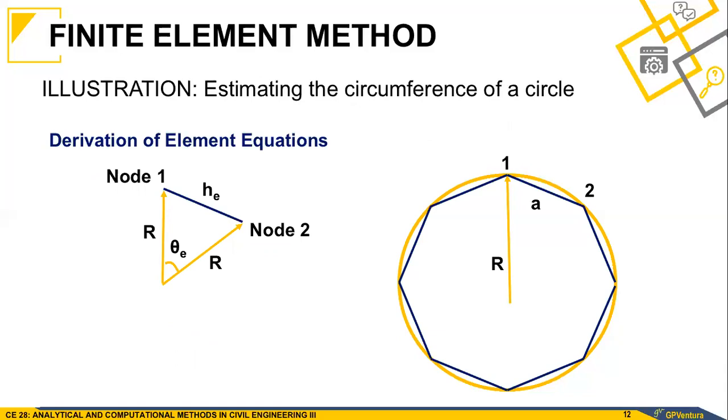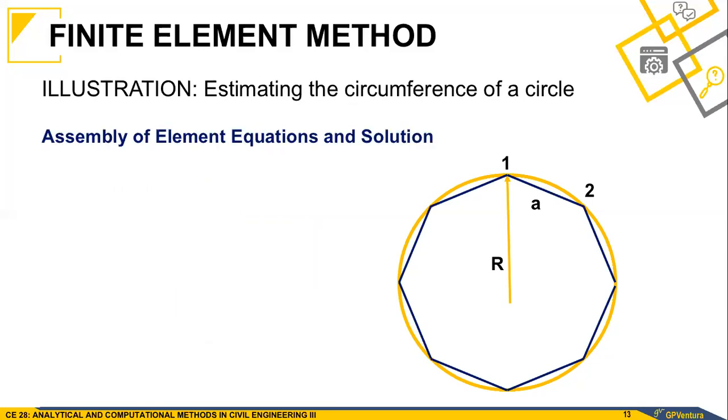So by geometry, I won't dwell into the math. I just like to go over the steps used in FEM. So we should know using geometry that the length of this element, h sub e over here, would be equal to 2r sine(theta/2), where r is the radius of the circle. So theta is this angle over here. Now, that would be the governing equation for the element. After I have already obtained the behavior of each element, what I'll do is I'll assemble and I'll combine.